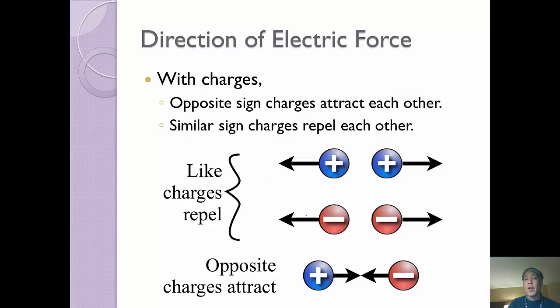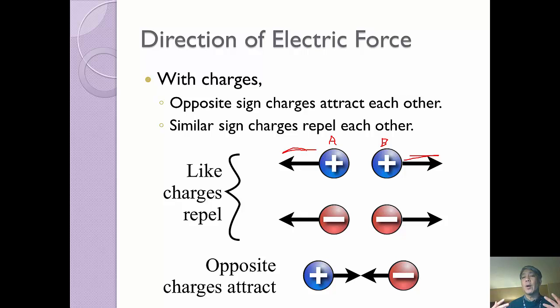Here's A, and here's B. The force of A on B, which is this force here, is going to equal the force of B on A, which is this force here. Just equal but opposite. So they both have a left and a right.